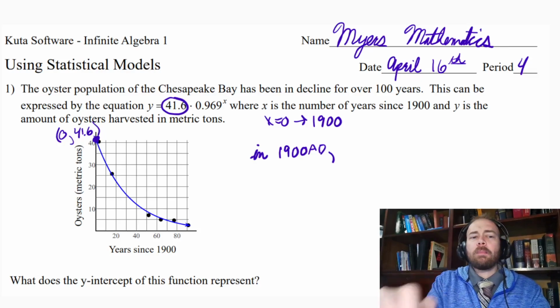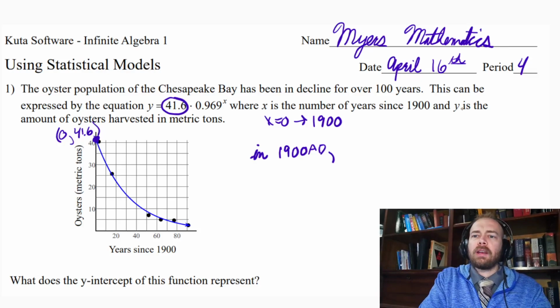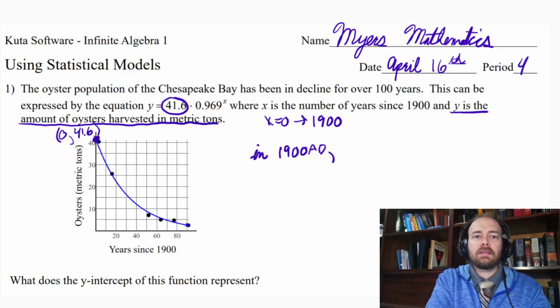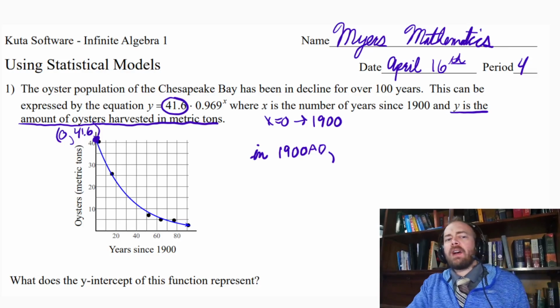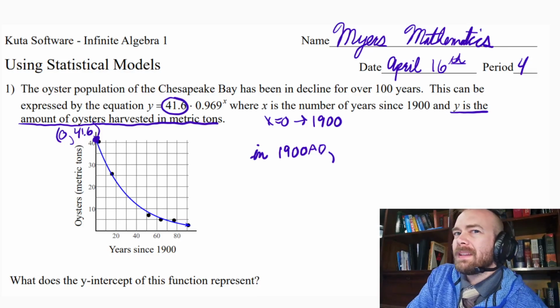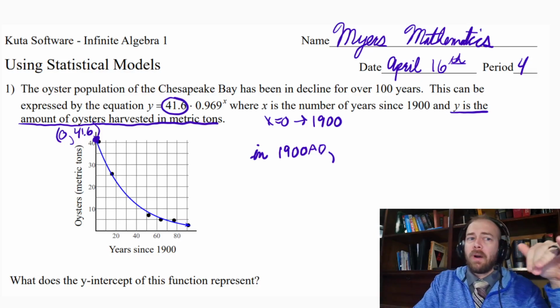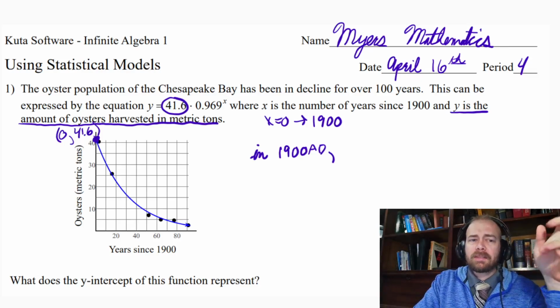Well, you might think that's the amount of oysters, but if you look really carefully, it's not just the amount of oysters. It's related to the amount of oysters, but it says specifically that y is the amount of oysters harvested in metric tons. They don't do a good job matching that with the graph, so you could probably answer it either way and get it right. In the text, it says y is the amount of oysters harvested in metric tons, but in the graph, it says oysters in metric tons.